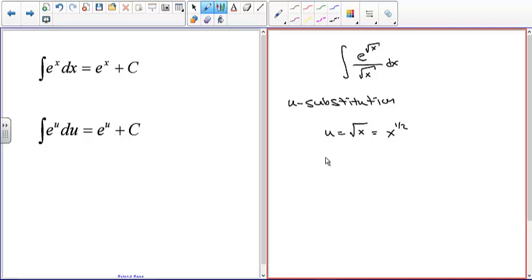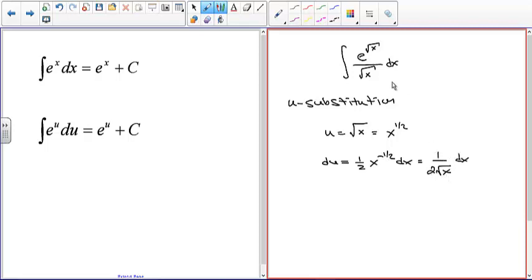And then we take the derivative of that. Well, the derivative is going to be 1/2 x to the minus 1/2 power. So we multiply by the exponent, reduce the exponent by 1, and we multiply by dx. And if we rewrite that, you'll get 1 over 2 square root of x dx.